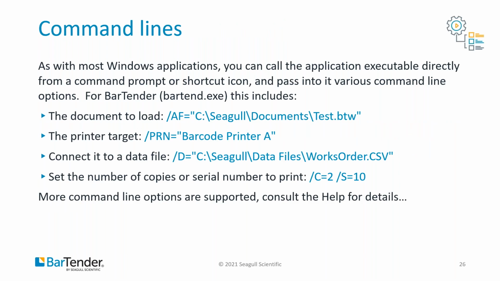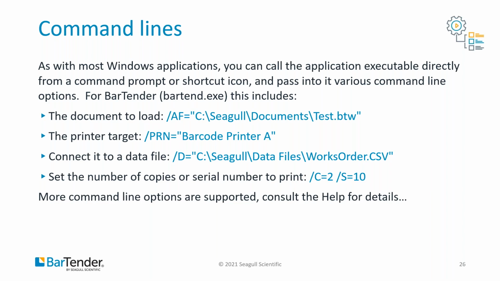And lastly, command lines. This is really going back to the DOS days, Microsoft DOS, of computers rather, but it's still available in Windows, of course, from a command line. Essentially, this is where you're calling the bartend.exe itself, so the BarTender application file, and then introducing various command options.